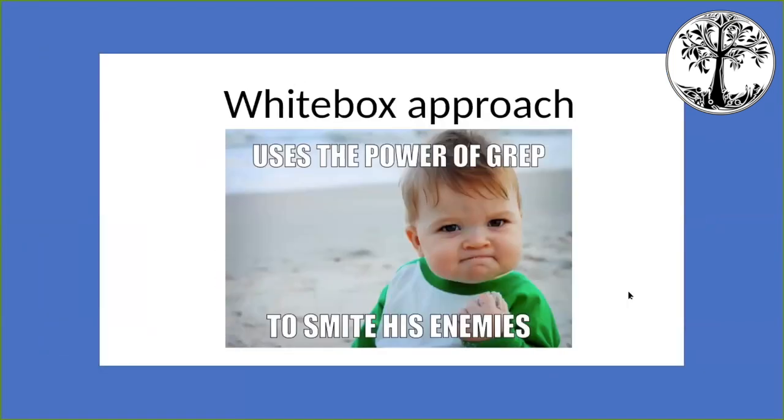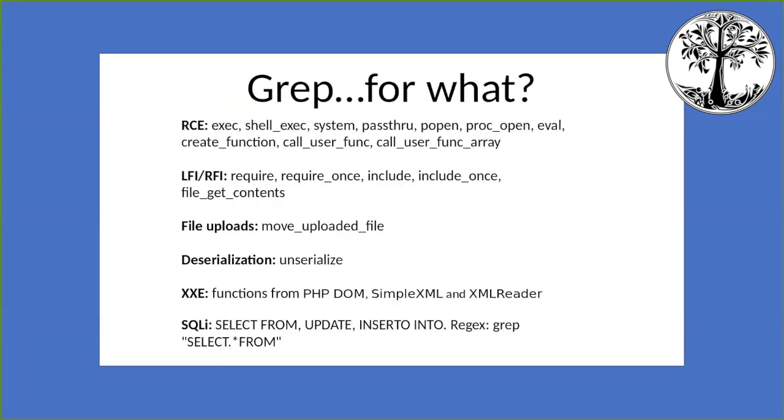So the white box approach. White box, or at least for me or for anyone preparing for the offensive security course, is a synonym of grep. Yes, grepping a lot every day. So let's start with grep.